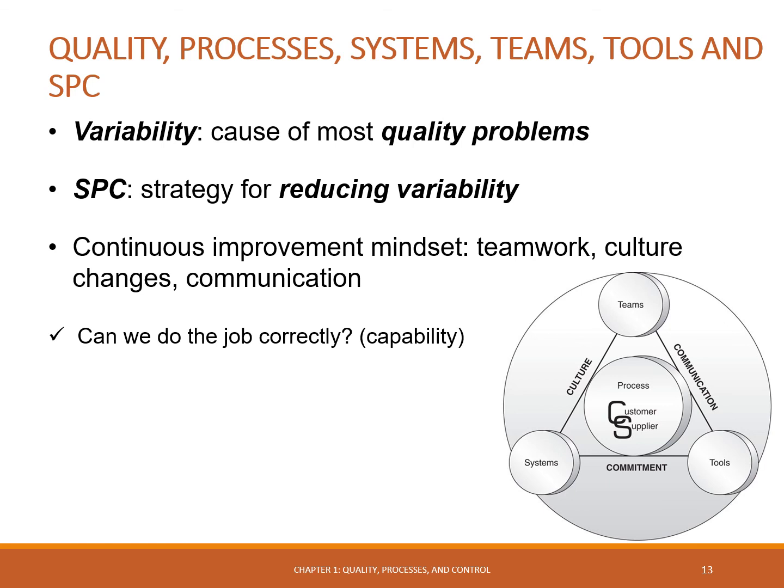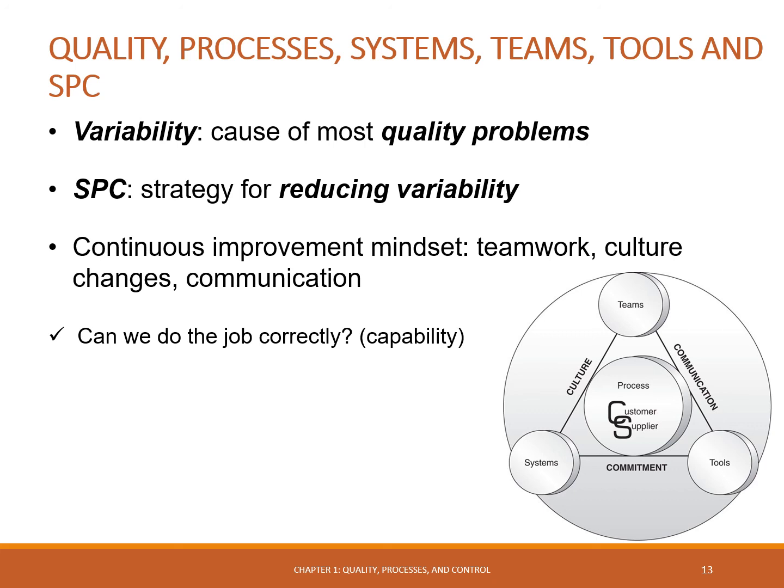Then we can increase the scope of the questions to be answered that will guarantee that SPC is being applied correctly. As I mentioned previously, we should start by asking ourselves if we can do the job correctly when we're planning the process that will lead us to desired quality levels for the product or service.